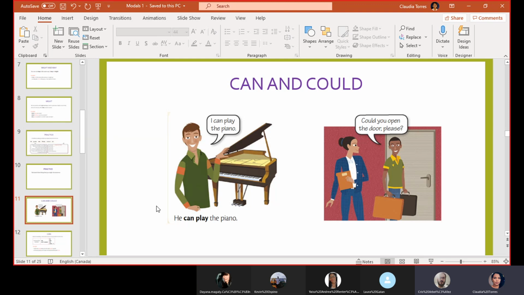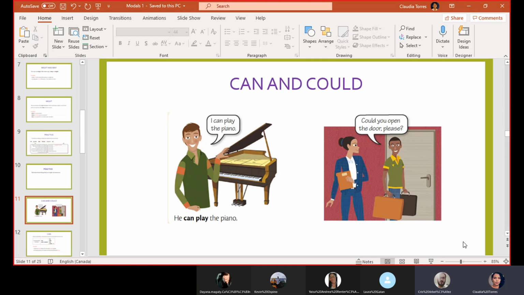Okay, so now we're going to talk about can and could, because actually you were talking about could, right? Can you see the slides? Yes, teacher. Okay. In the first picture, this guy says, I can play the piano. It's an ability.